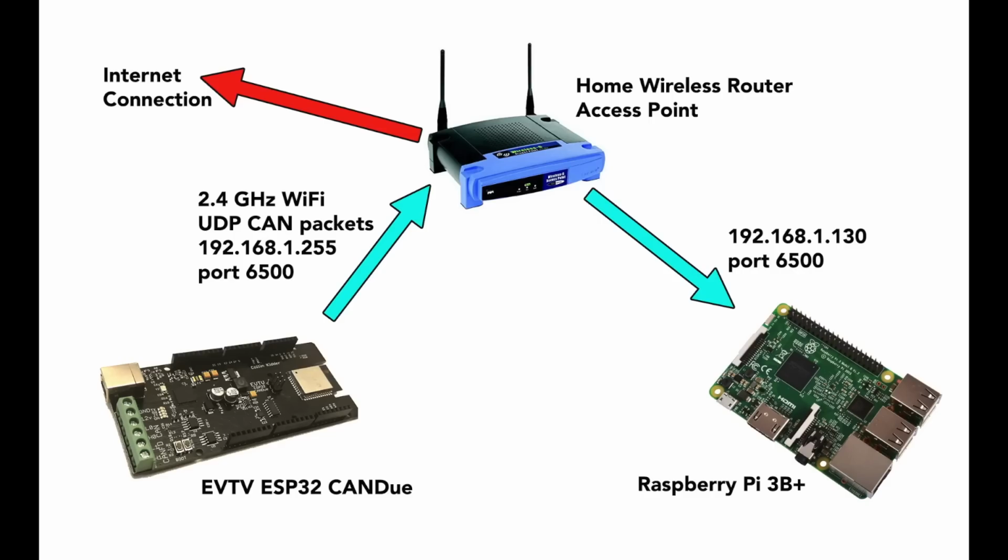And so we take our Linux Raspberry Pi and connect that to the access point to listen on port 6500, and we can actually get CAN packets across the wireless connection and receive them in the display.